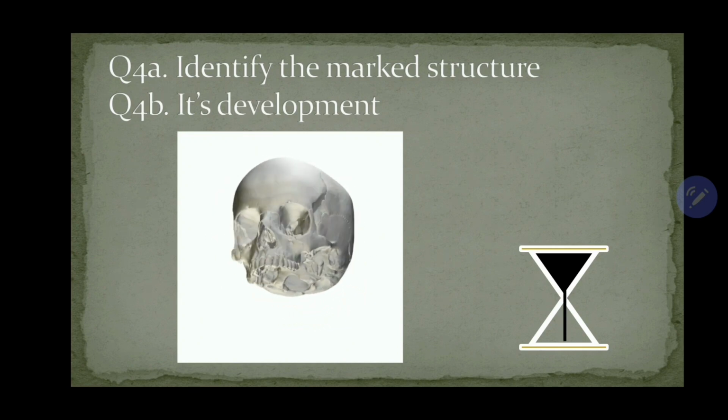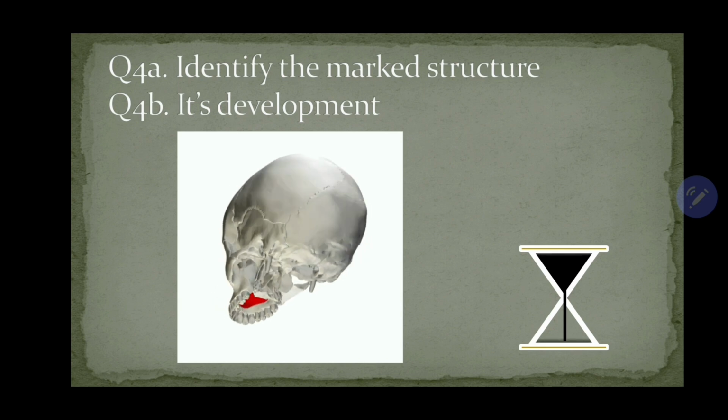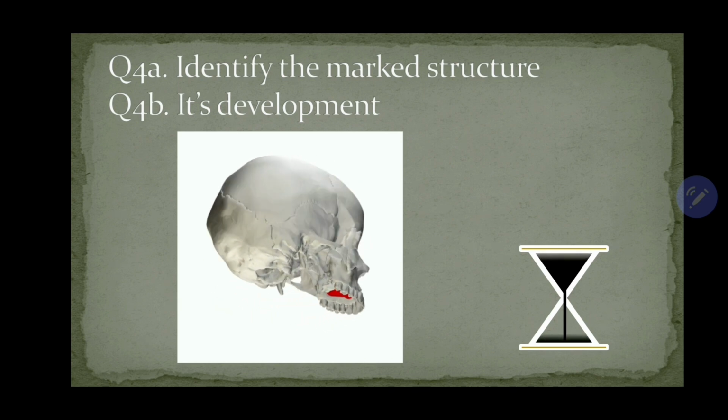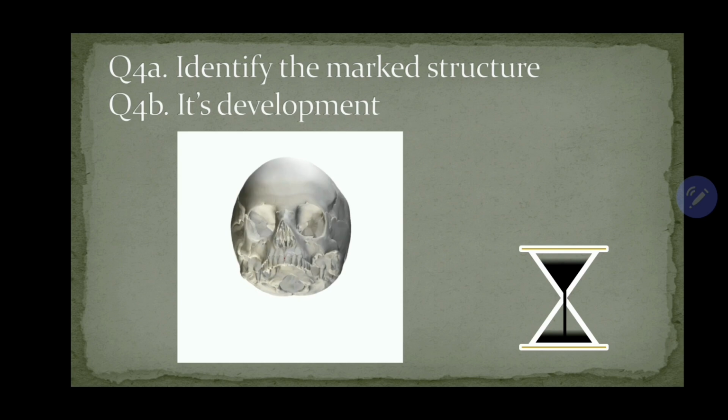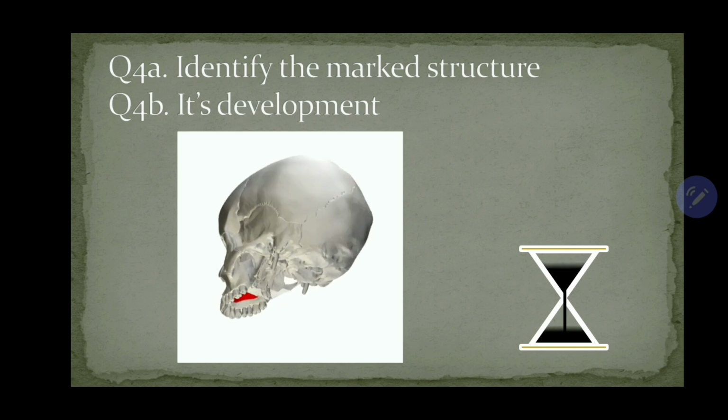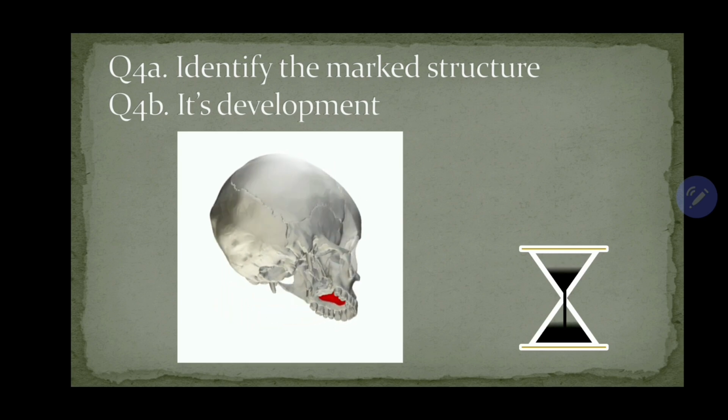It is the palatine process of the maxilla, forming the hard palate. Regarding its development, it forms only the anterior 2/3 of the hard palate, while the posterior 1/3 is formed by the palatine process of the palatine bone.